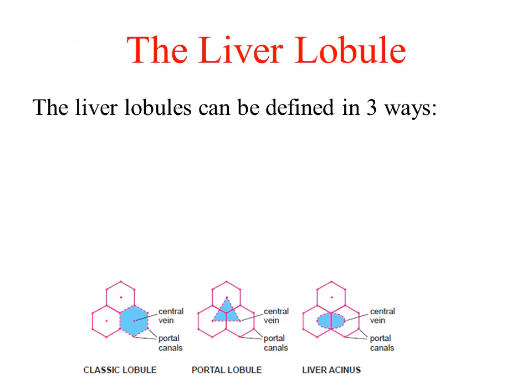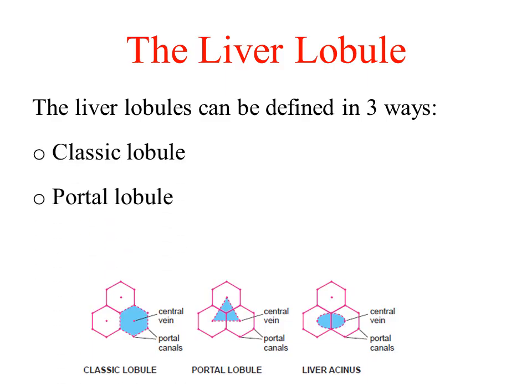The liver lobules are divided in three ways: the classical lobule, the portal lobule, and the liver acinus. You can see here the classical lobule, with the central vein in the center, and in the hexagonal shape, the periphery is the portal canal.